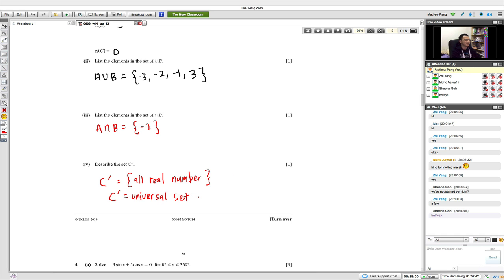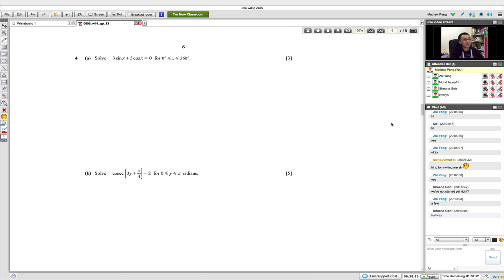Because C complement means all the numbers, because C itself is not the real numbers, so C complement means it's the real numbers. Okay, any problem so far before I move on to number 4? No, right? Okay, if you didn't ask me, I'm going to move on.